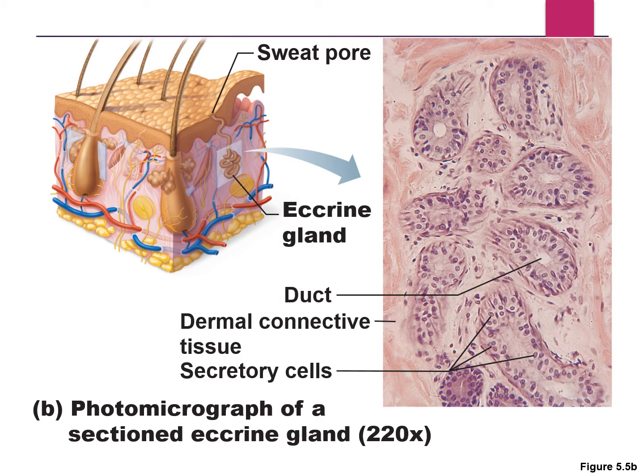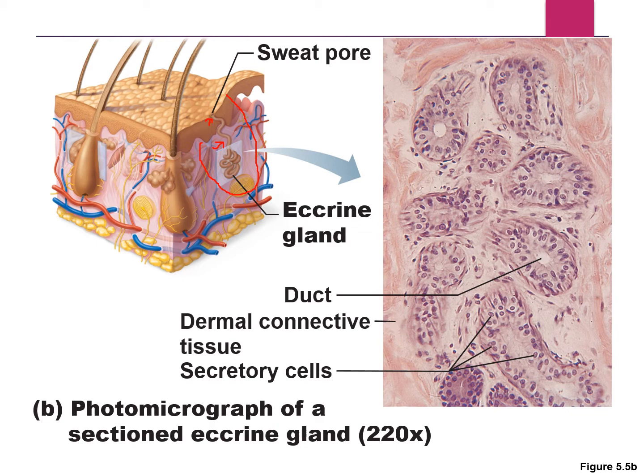This image shows you what an eccrine sweat gland looks like in an anatomical model or in a histology slide. As you can see over here, the gland consists of one long coiled tube that is connected to a duct that opens up at the surface of the skin in an opening called a sweat pore.